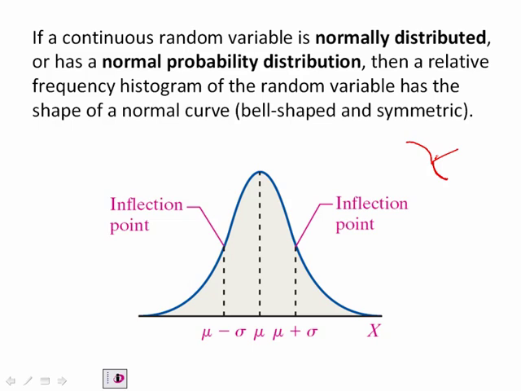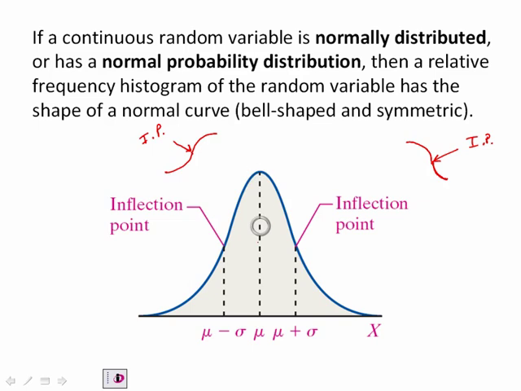So that point where the curvature changes is your inflection point. And the same goes over here. It goes from curvature that way to curvature that way. So this is an inflection point as well. The inflection points on a normal curve occur at one standard deviation on either side of the mean.